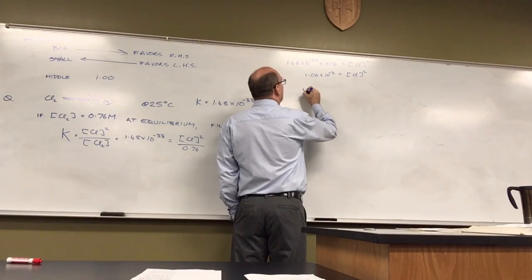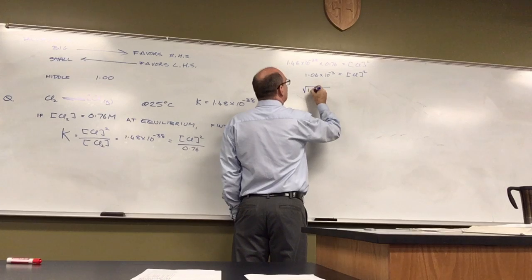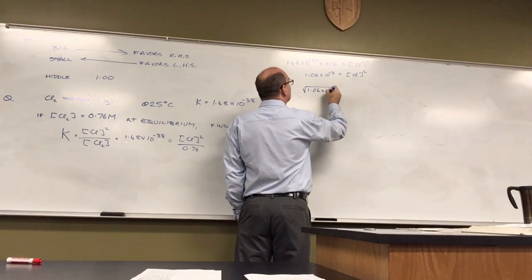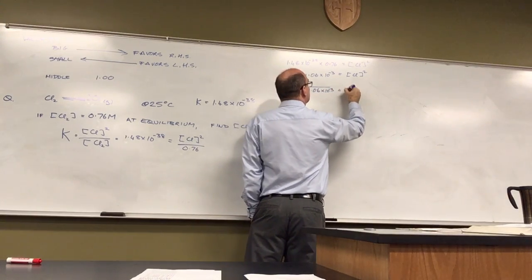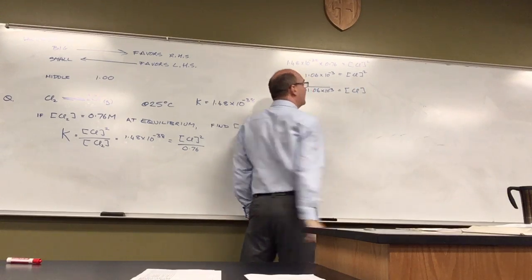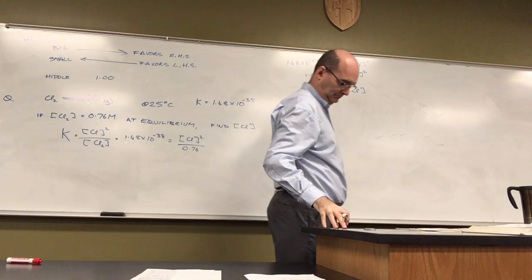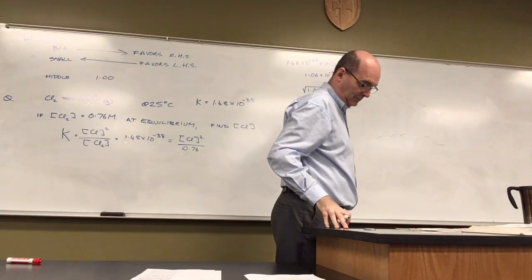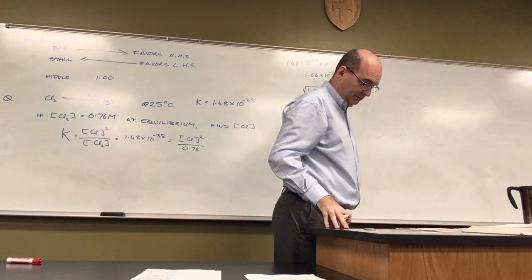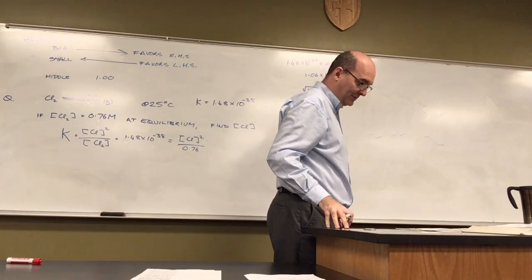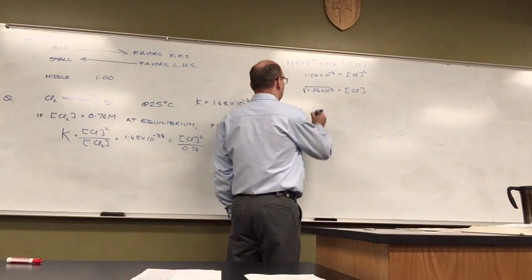Take the root now, which would give me the chlorine concentration. And the root of 1.06 times 10 to the negative 38 equals?